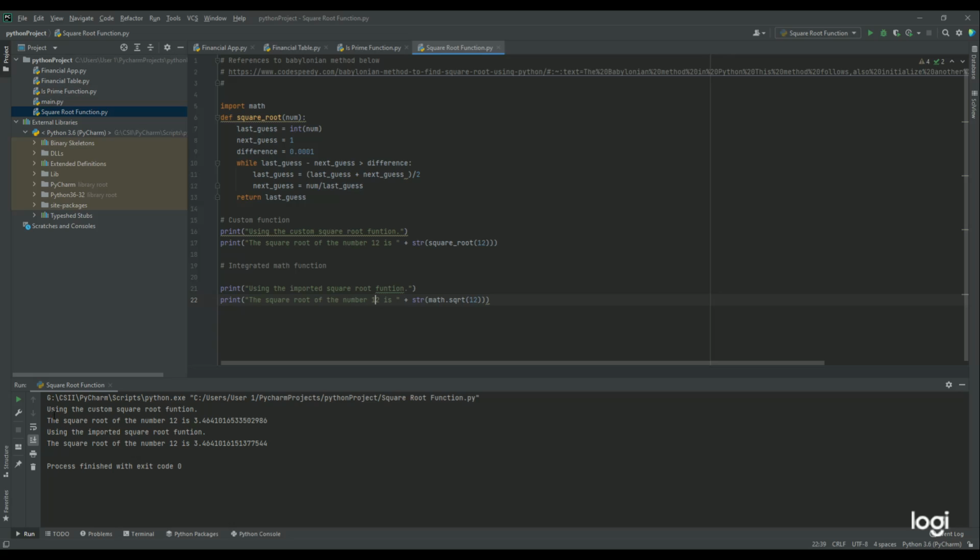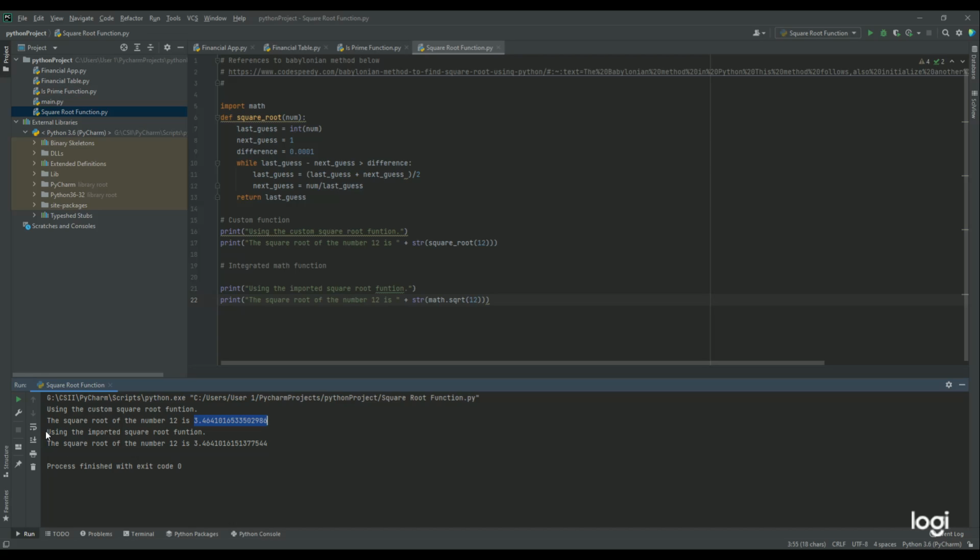And as we can see, using the custom square root function right down here, we get that the square root of 12 is this number right here, 3.464106533502986.